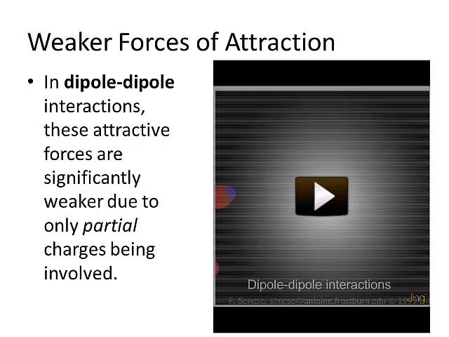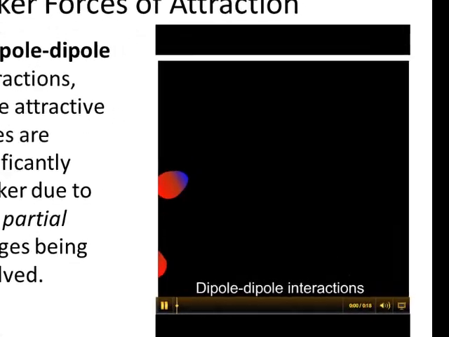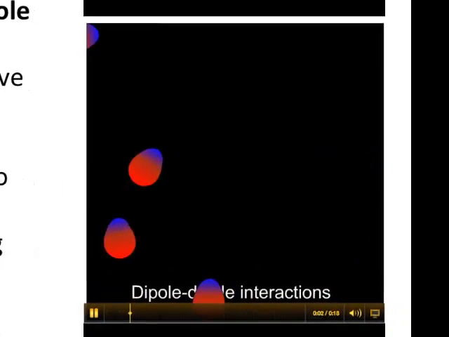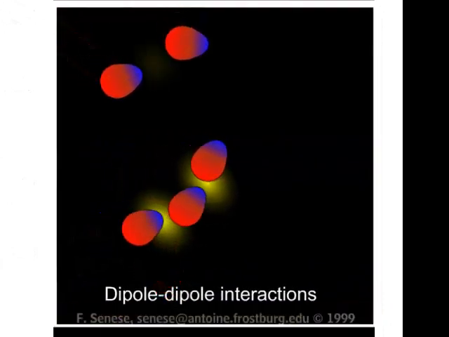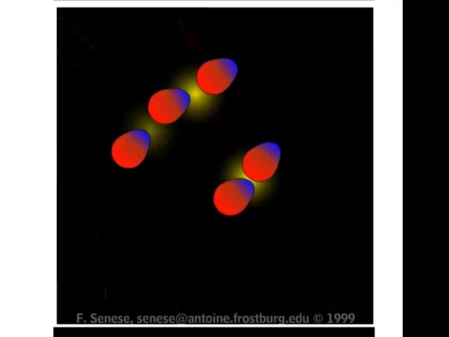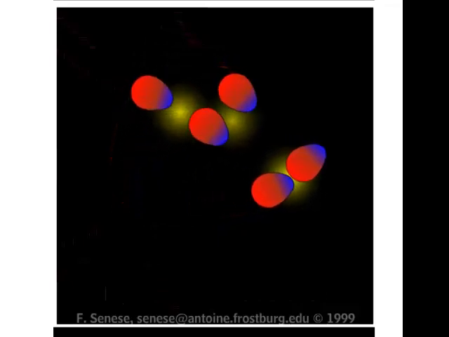These attractive forces are significantly weaker because they only have partial charges on those molecules, ends that are slightly positive and slightly negative. There are no fully charged particles, such as ions, involved in this particular type of interaction. In these molecules, the different colors of the molecule indicate the different positive versus negative nature.